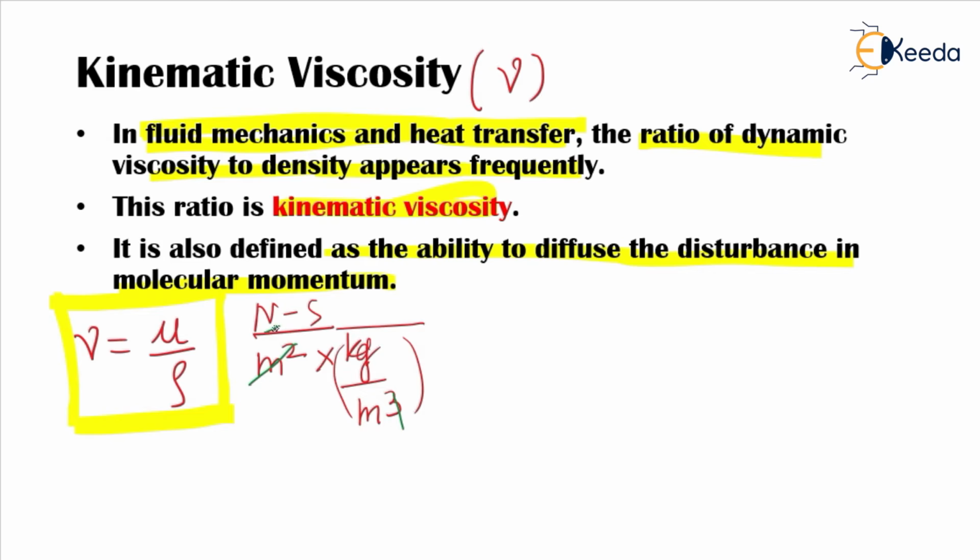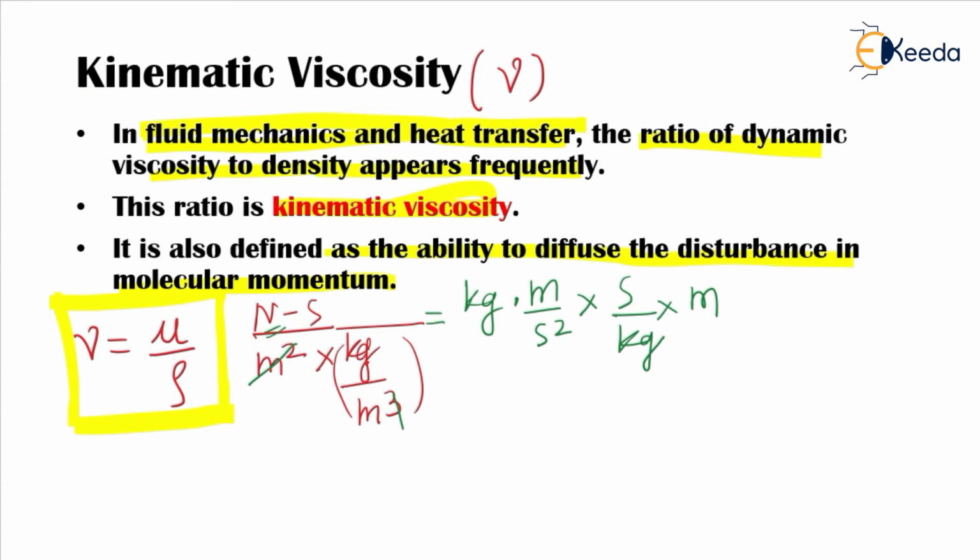Now how can we change this Newton? Again, Newton is force. Force can be expressed as mass into acceleration. So Newton can be written as mass into acceleration, kg, acceleration meter per second square, again second is there, and here again divide by kg, and here again meter.